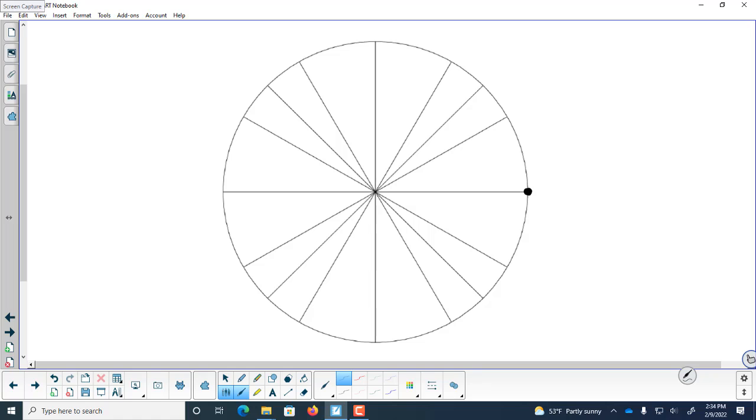If I start here, I start at an angle of 0 degrees, which is 0 radians. We're going to put both measures on each angle. If my initial and terminal side is here, then I've got an angle of 0 degrees or 0 radians. Okay, what are the coordinates of that point?